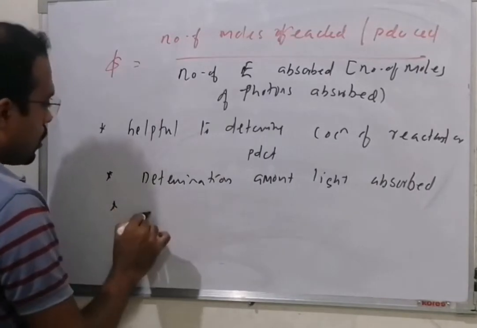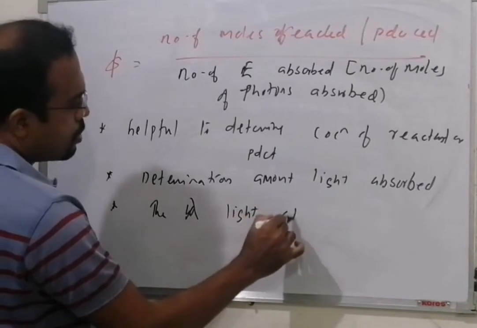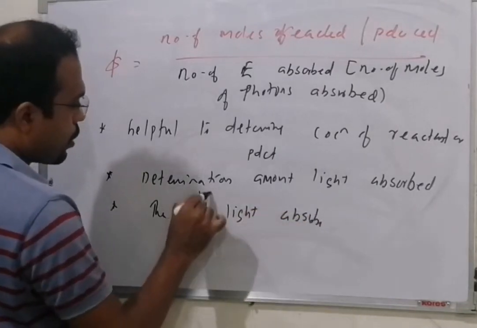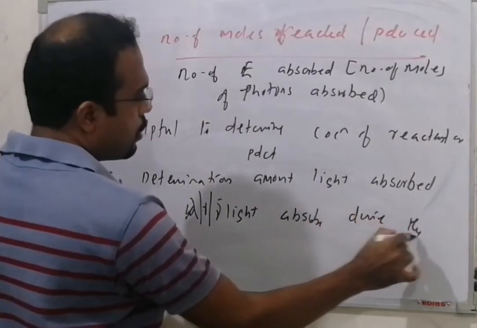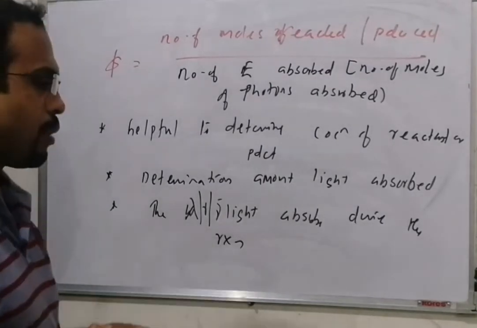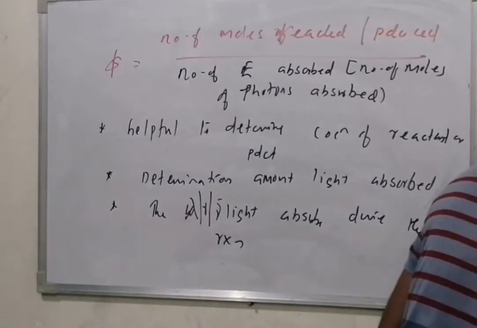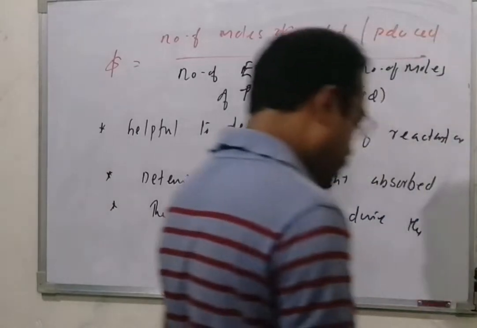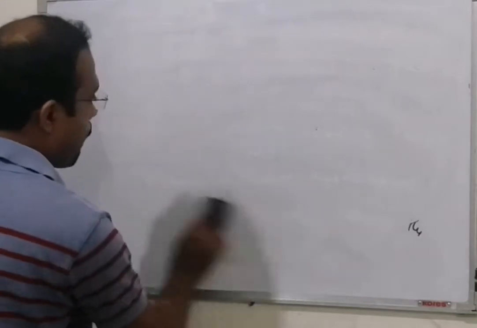It is also helpful to find the wavelength, frequency or wave number of light absorbed during the reaction. These are some applications of quantum yield. Now we can solve some numericals. Very important. Students, let us do some numericals.